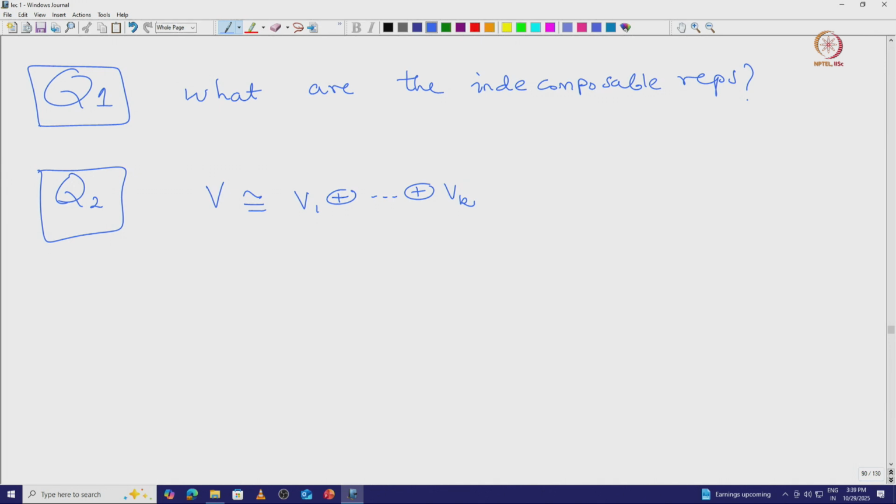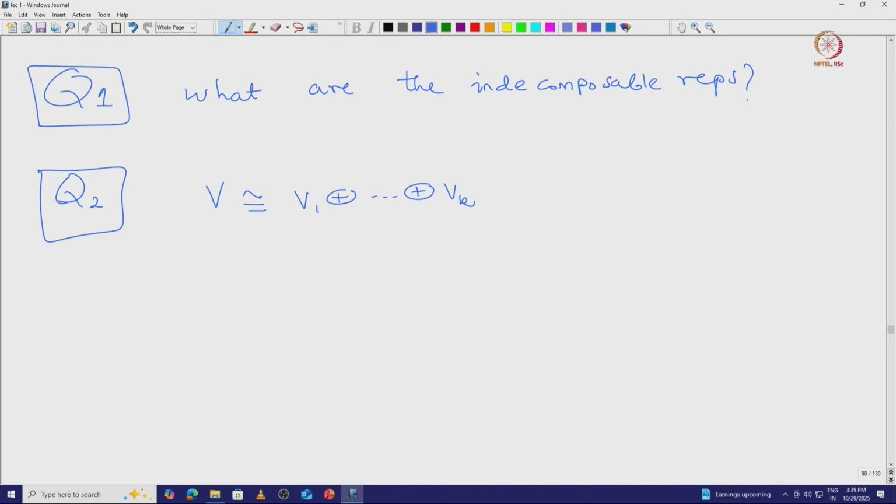So, now we can ask whether this expression is unique or not. So, what does it mean? Can we write V as a direct sum of some other indecomposable finite dimensional representations of capital A?